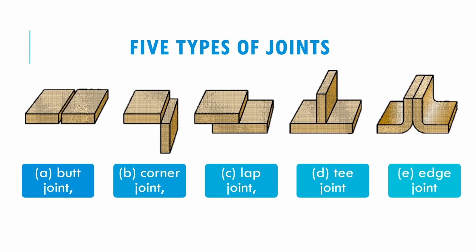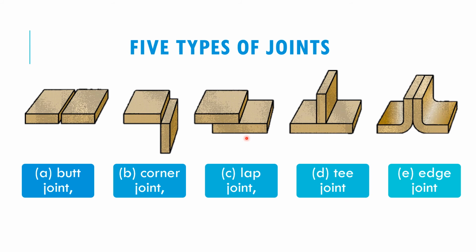If you can see the picture here, A is the butt joint. These are named based on the appearance of the joint itself. It's funny, but it is easier for you to understand: this is called a butt joint because it looks like a butt. Then we have the corner joint, because there is a corner here, and the joint will be performed at the corner.